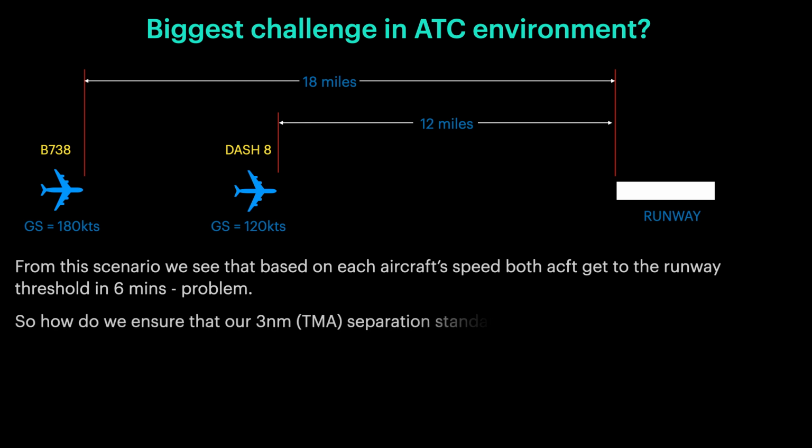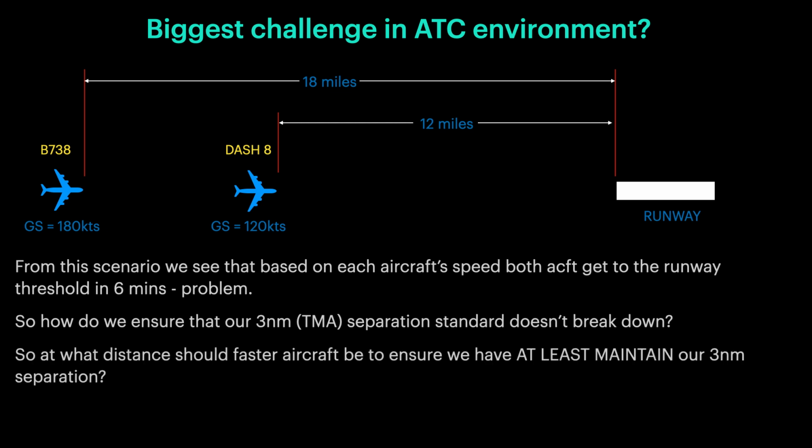So how do we ensure that our 3 nautical mile standard in the TMA radar environment doesn't break down? Having identified that there's a problem, at what distance should the faster aircraft be to ensure that we can maintain our 3 nautical mile separation?